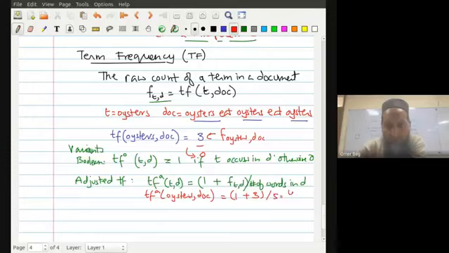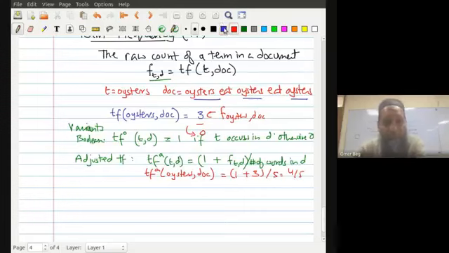See? So this is 4 over 5. So this is another way of computing term frequency.